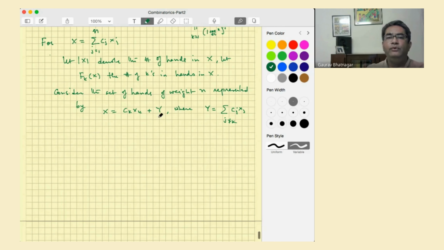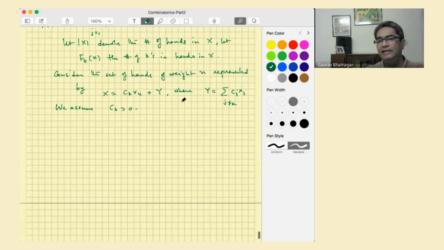What I do is from this set I just take out the one which contains x_k in it and separate it out. Here we assume that c_k is bigger than 0. So it has an x_k in it, it has a k in it in some color. So we just look at those.